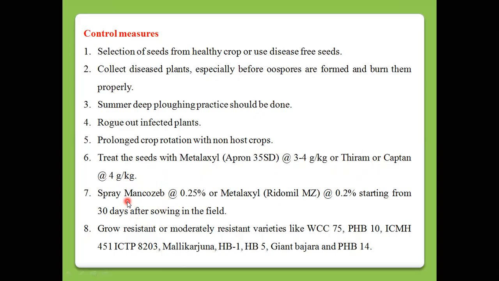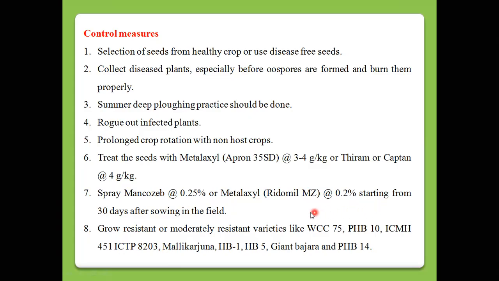Suppose the infection is seen on the leaf portion or the earhead portion of the bajra. Then immediately spray the crop with mancozeb at the rate of 0.25% or metalaxyl at the rate of 0.2%.